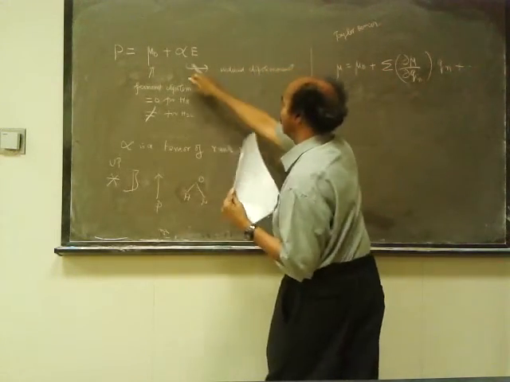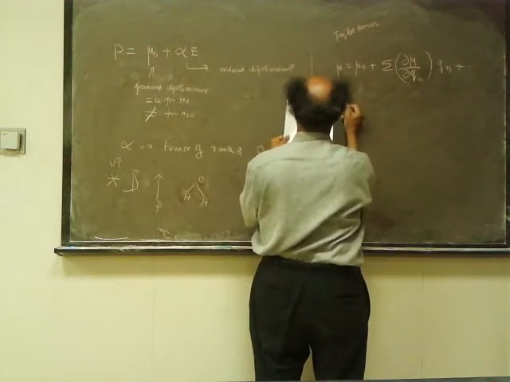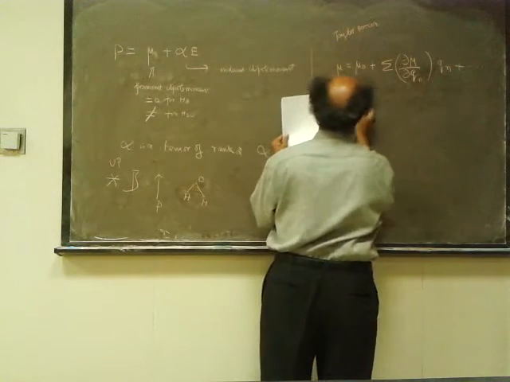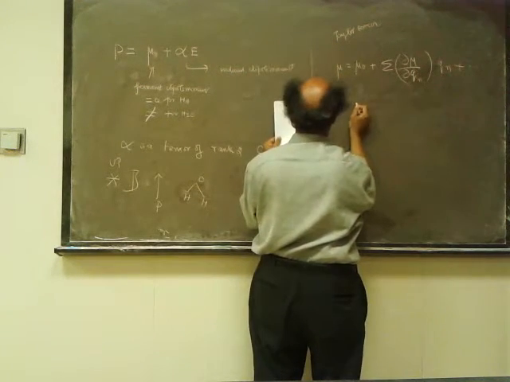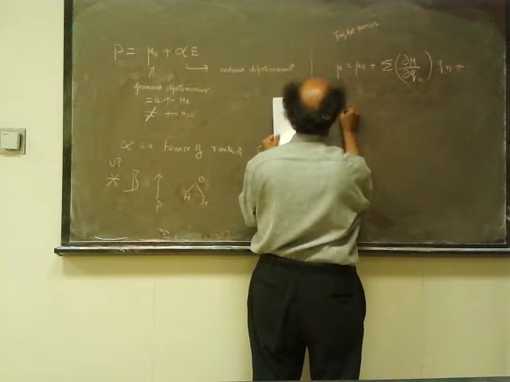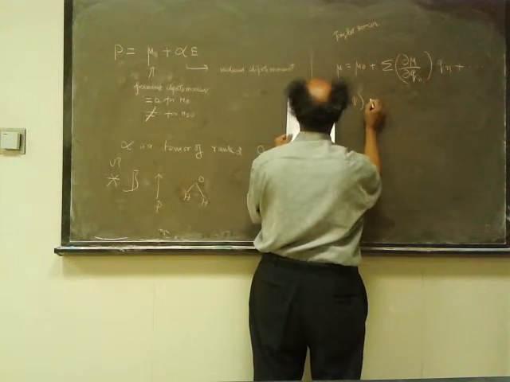And then this we express like this. This we express as alpha ij, q. I shall explain what is q.